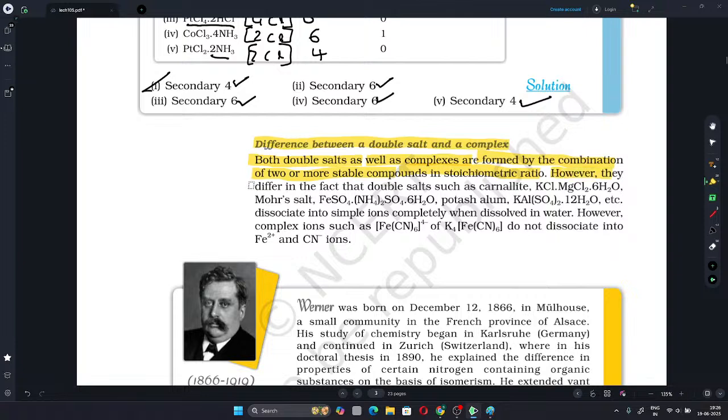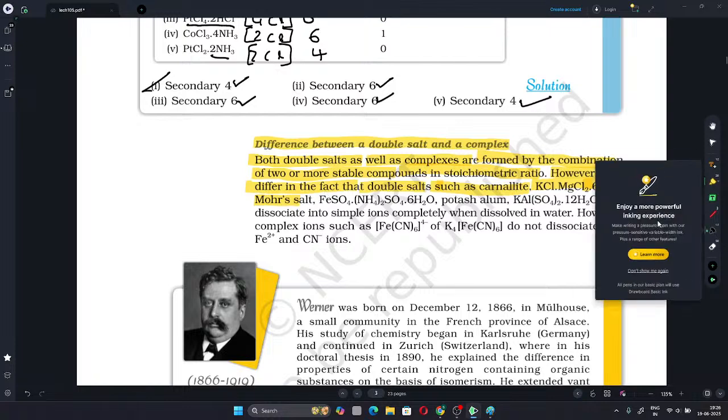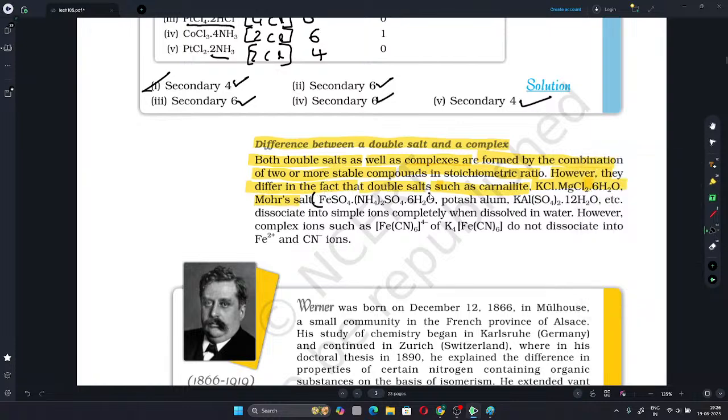However, they differ in the fact that double salts such as carnallite, KCl·MgCl2·6H2O, Mohr salt, potash alum, etc. dissociate into simple ions completely when dissolved in water.